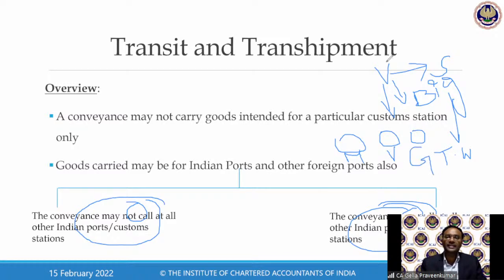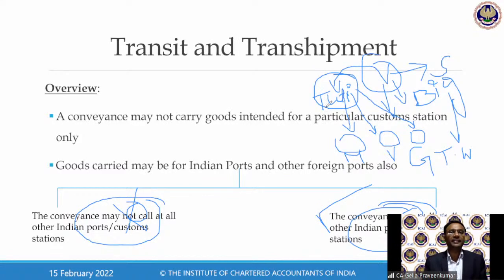So this vessel will come to the port of Tuticorin. From Tuticorin, a boat comes to pick the material for Mumbai, a boat comes to pick material for Vizag, another boat comes to pick the material for Goa. So I can choose not to enter all the customs ports, or I can choose to enter all the customs ports.